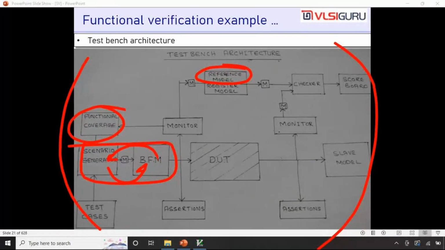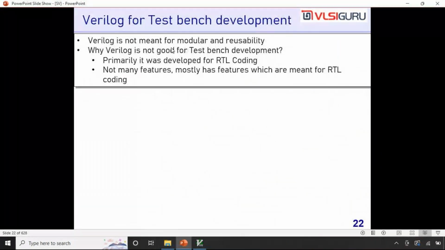That is implemented for this purpose, because it gives me modularity. We use classes: class generator, class BFM, class monitor. It makes sure that our whole test bench can be easily developed and easily integrated. How does it do that? We'll discuss as we go forward. So just remember that Verilog is not good.